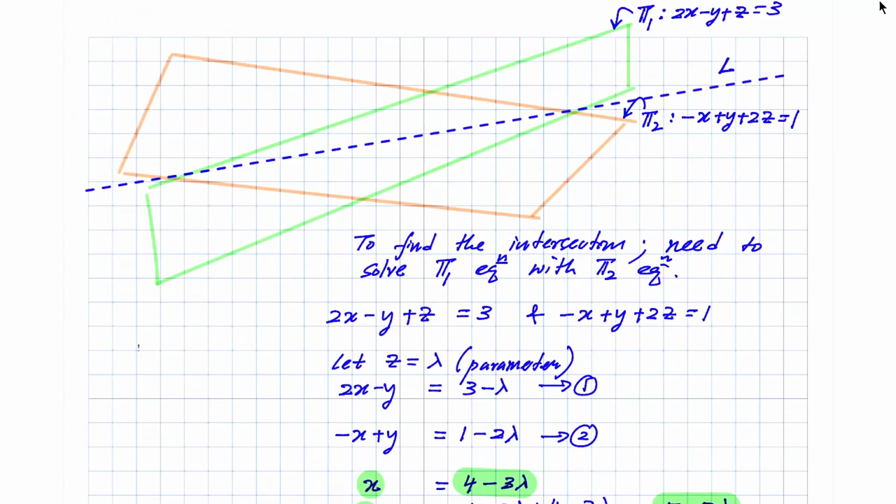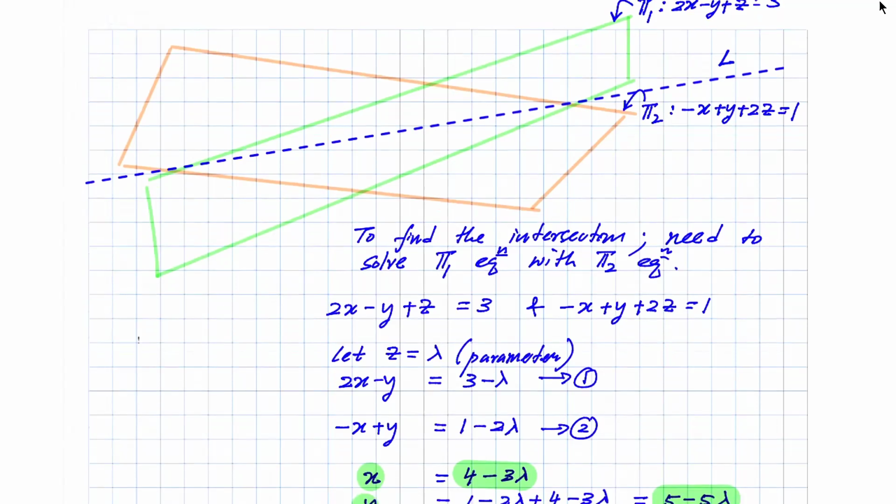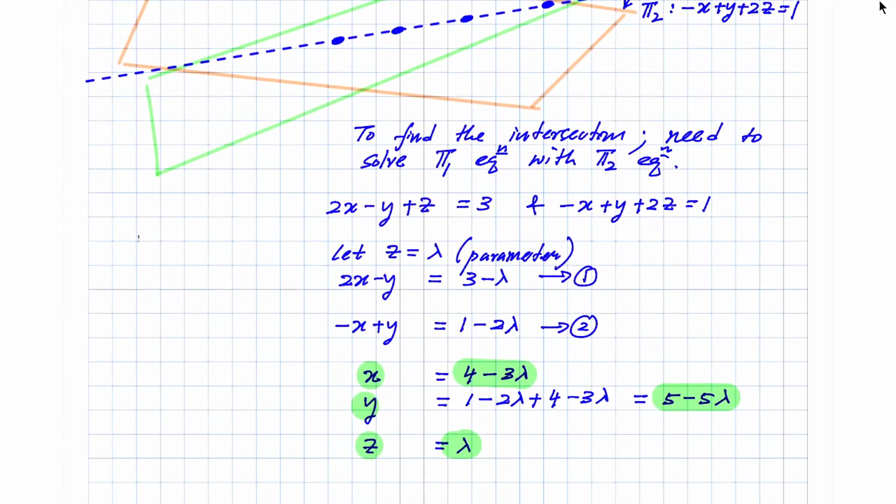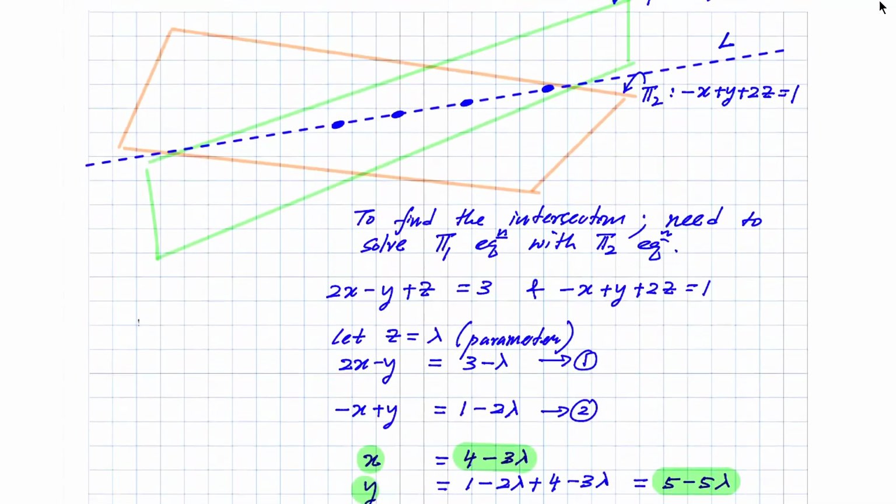This line has points. Now, what is the physical representation of this x, y, z? This x, y, z is the coordinate of a point on the line, correct?